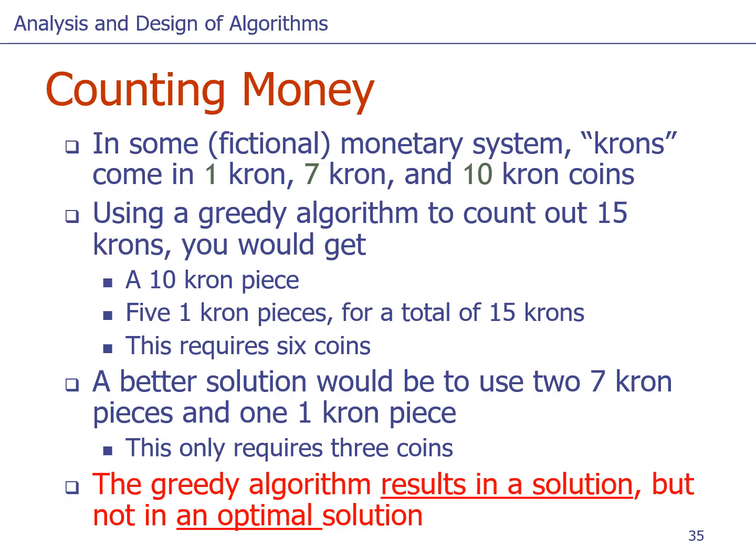But we can't do that with greedy, because greedy says largest, biggest, strongest, tallest, heaviest. So we always work with the thing that we think is going to be best in terms of the immediate reward. So when we see a 10, because it's less than 15, we immediately pick it and we say, okay, now we have a 10 and this is part of our solution. We don't go back when we see the 7 again.